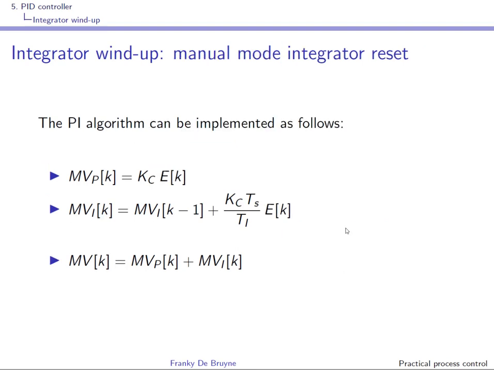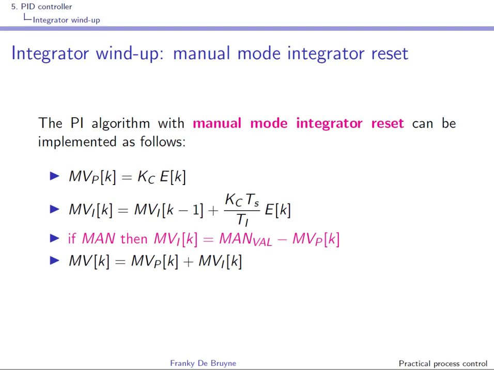In the PI algorithm, you'll also have to implement a manual mode in such a way that there is no wind up, and the way to go is to do this as follows. So the ideas are exactly the same. If you're in manual mode, then the output of the integrator has to be reset to a value that is the value of the output in manual mode minus the proportional part.